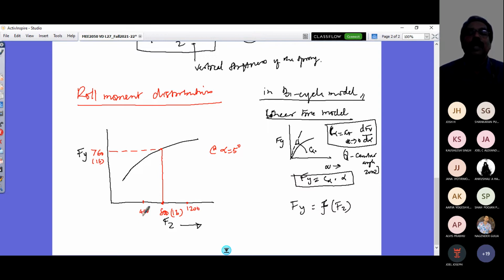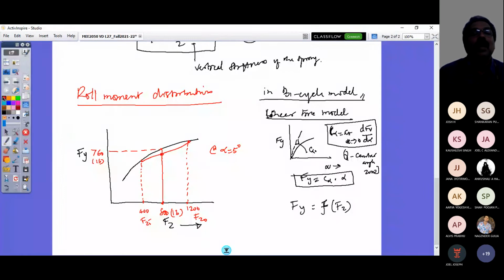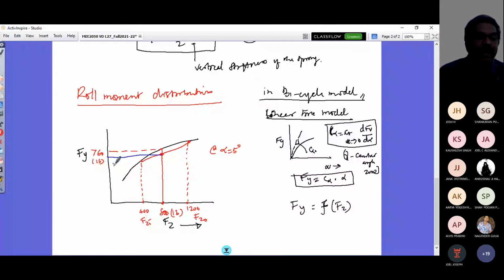Whatever is reduced on the inner side is Fzi, and this is Fz naught. So if I look at my values now, in a particular tire I would have this average value. What it can develop in hard cornering is not 760, it is going to be 680 pounds only.